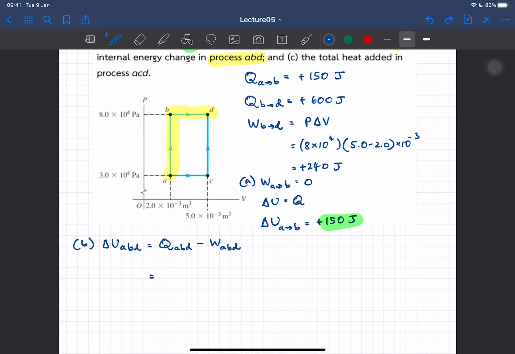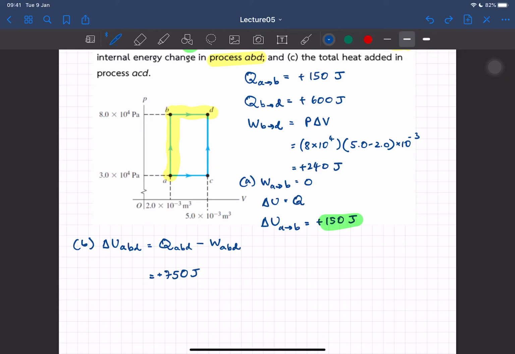Right. So Q from A to B, that's 150, and then from B to D, that's 600. So altogether, you add heat of 750, right? So make sure you understand where this number comes from. 750 is coming from adding these 2 numbers together.